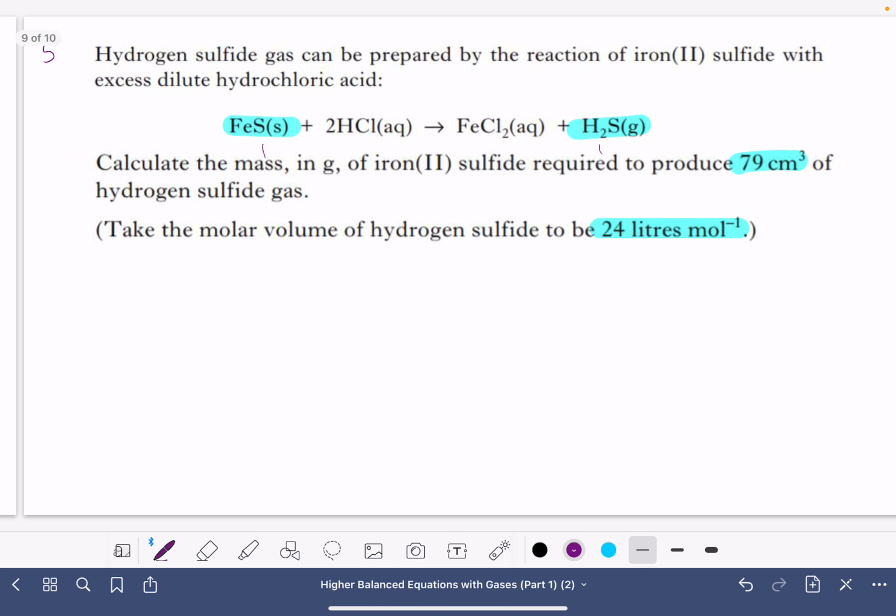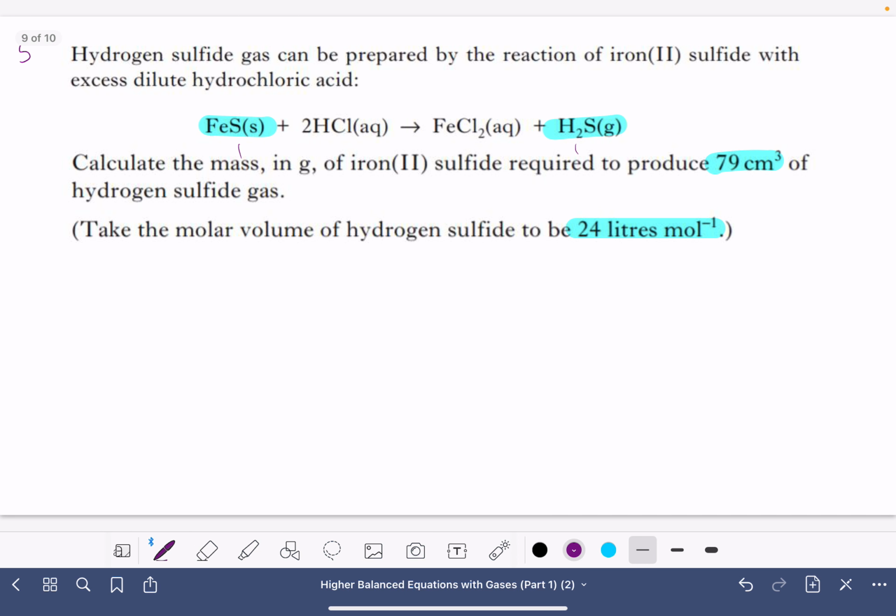So to work out the number of moles of hydrogen sulfide that we start with, number of moles is volume divided by the molar volume. So I've got to change the 79 into 0.079 litres. So 0.079 divided by 24, which is about 0.0033.